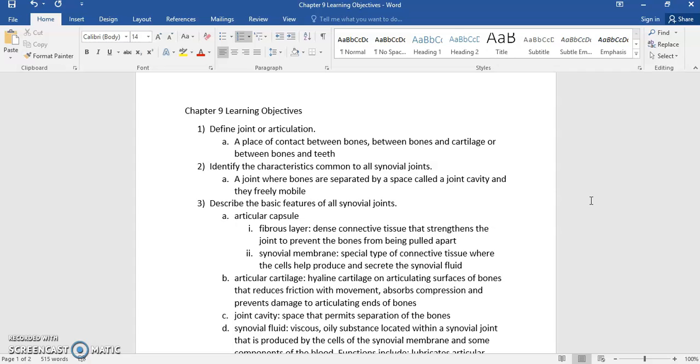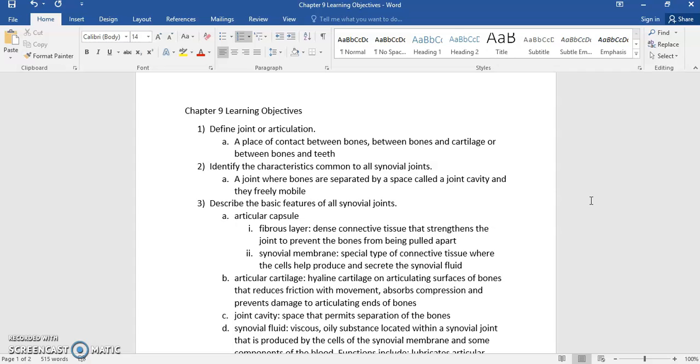Now, we are going to be covering this chapter in lecture first. So that's why I want to go over some basics on a synovial joint before we start talking about different types of joints in the body. And then when you get to lab, you'll learn a little bit more about the other types of joints in the body as well.